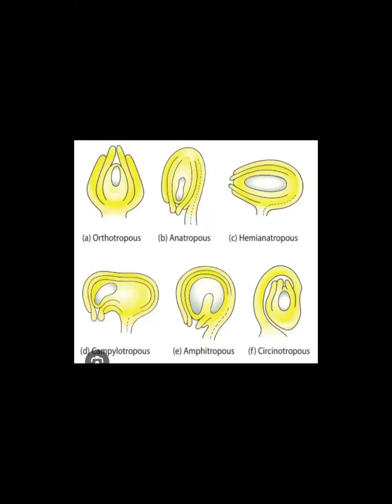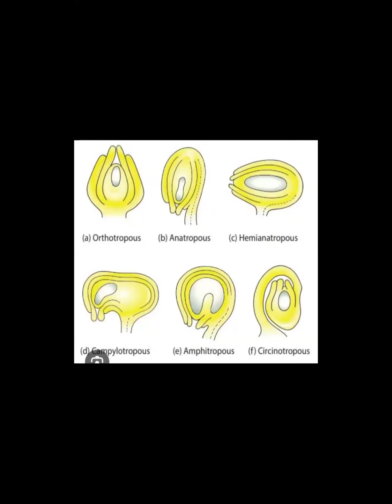Examples for the hemianatropous: Ranunculaceae, Primulaceae. So what are the examples for the anatropous ovule? Anyone? Anatropous examples: Helianthus and Tridax.